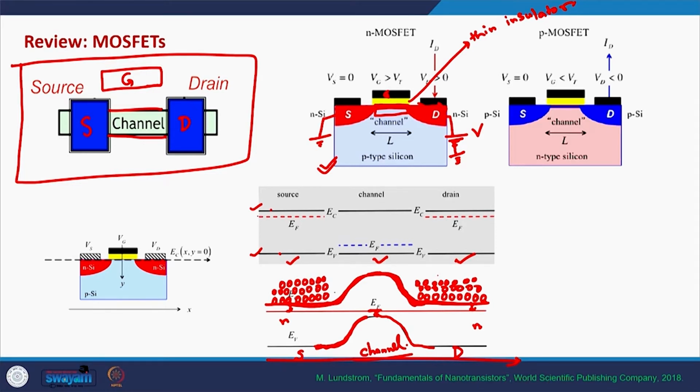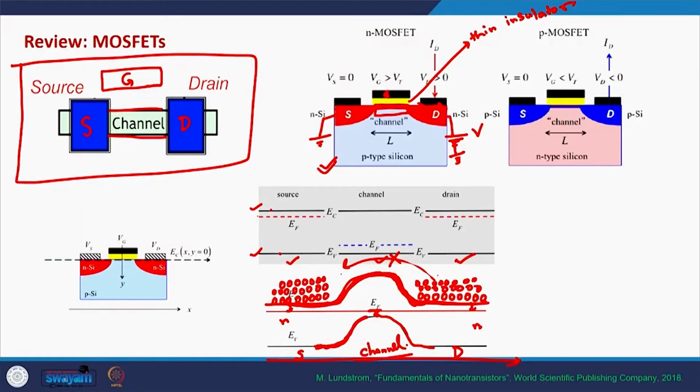Now in equilibrium, because of this barrier, the electrons on the source side cannot go to the drain side, and similarly the electrons on the drain side cannot go to the source side, because this barrier disallows electrons on both sides from going to the opposite side.